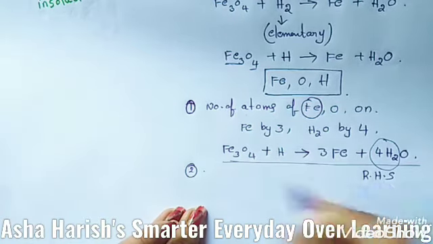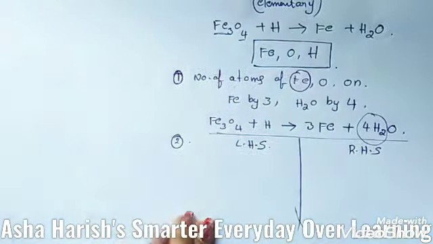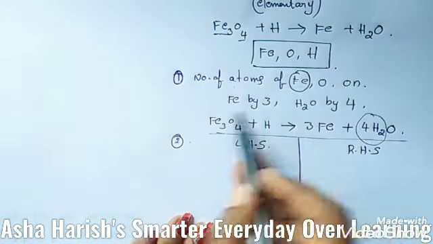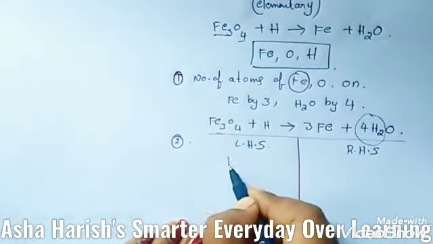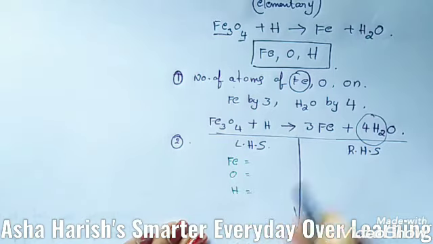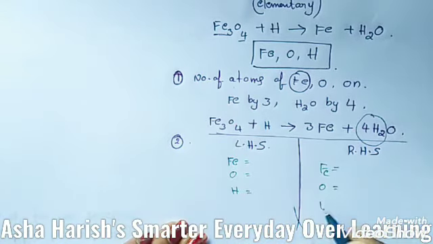Here is the RHS, so here is LHS. Now in this reaction, in LHS and RHS, you need to count the total number of atoms. Coming to LHS, iron, oxygen and hydrogen. Here also the same, iron, oxygen and hydrogen.